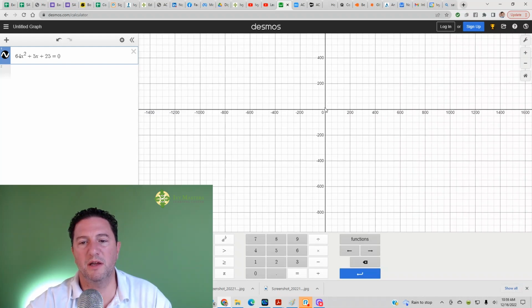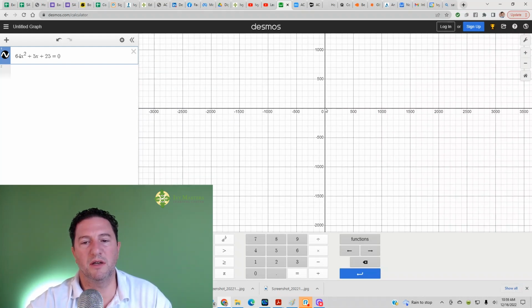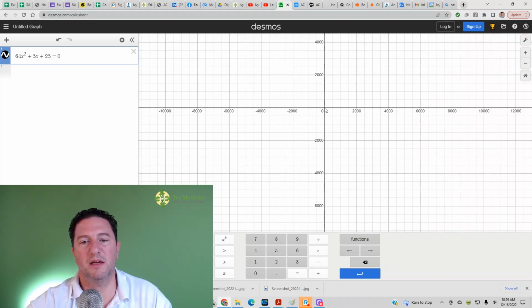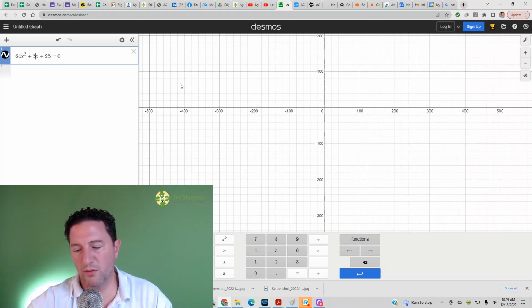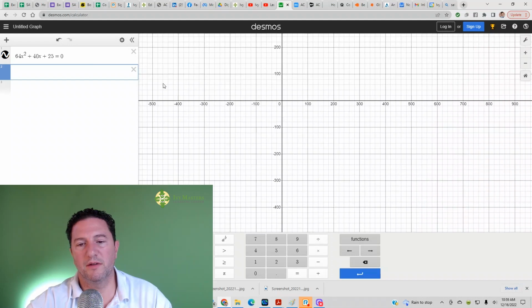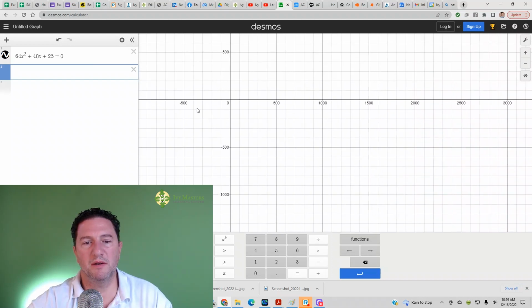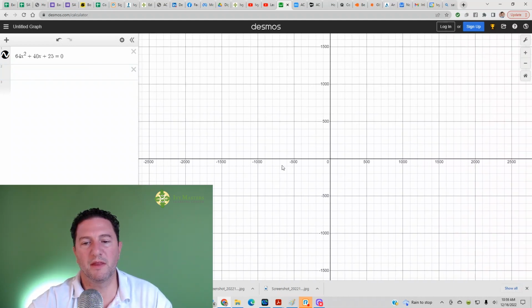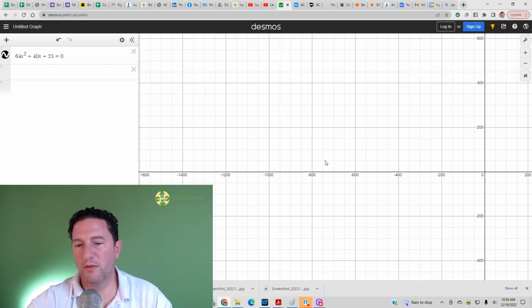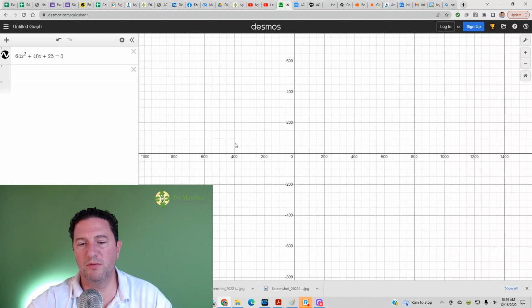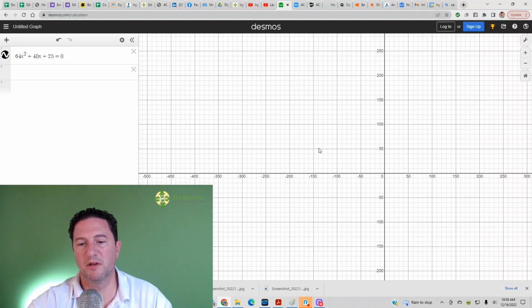It doesn't look like it's crossing the x-axis there. Then the other value was 40. So I plug 40 in, and once again, do we see it? I don't see it, and we're zooming out. By the way, I'm just rolling my mouse in order to zoom in and zoom out of Desmos.